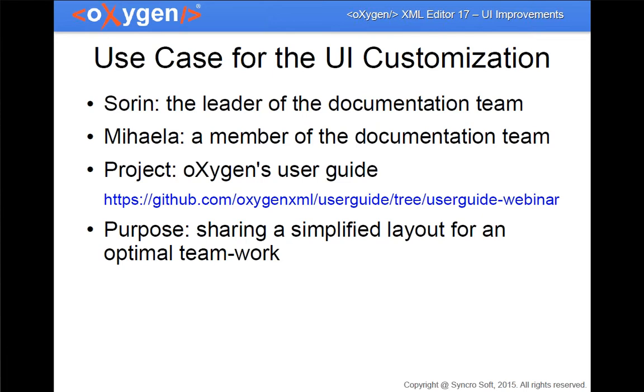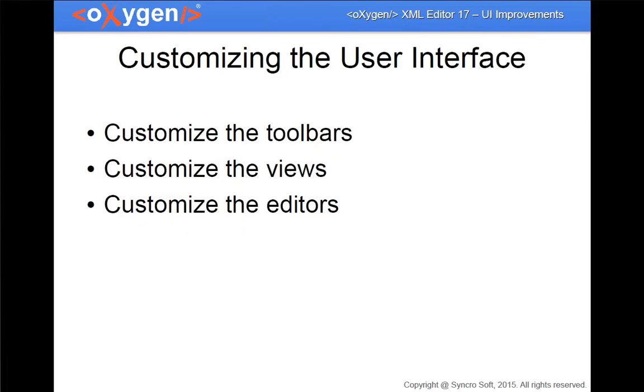So let's proceed, and we will see that customizing the user interface of oXygen can be done in 3 ways. We can customize the toolbars, we can customize the views, and we can also customize the editors.